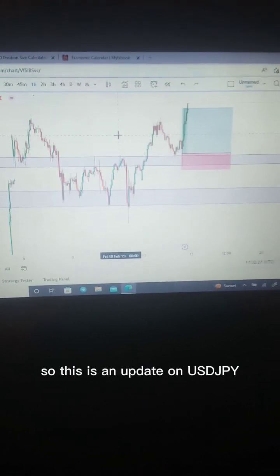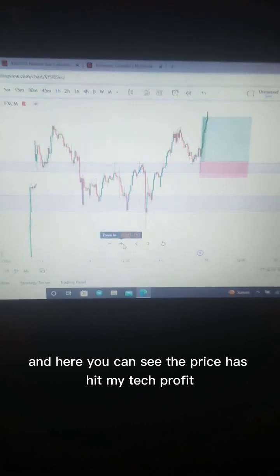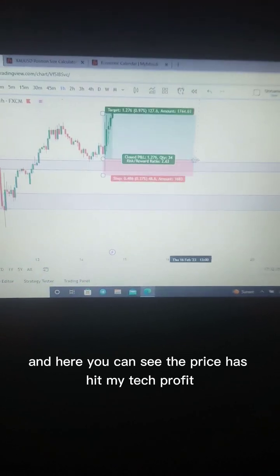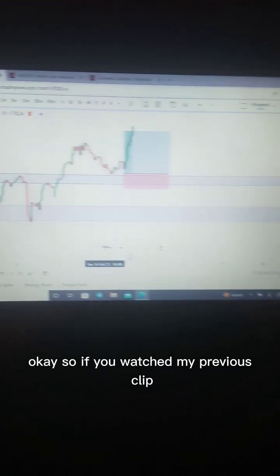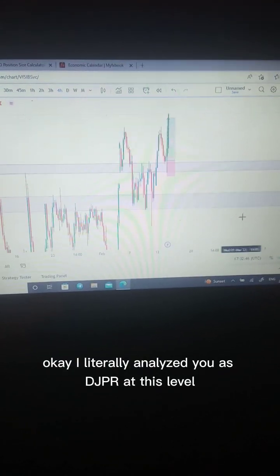So this is an update on USDJPY, and here you can see that price has hit my take profit. If you watched my previous clip, I analyzed USDJPY at this level.